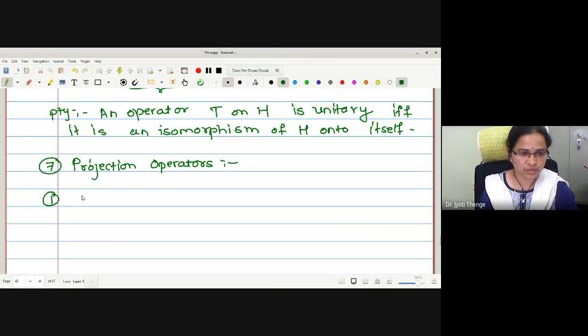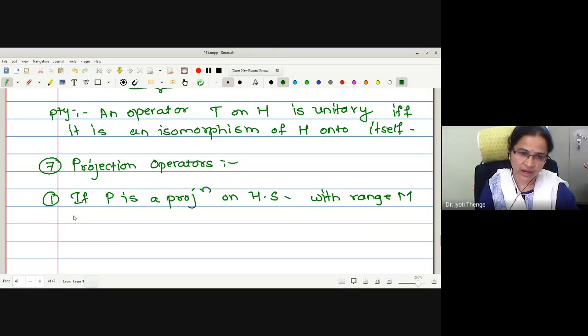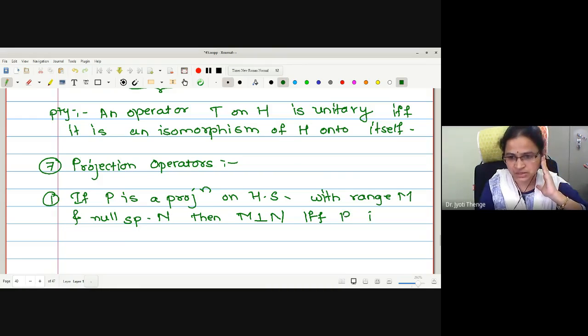I will just mention the properties. If P is the projection on a Hilbert space H with range M and null space N, then M is orthogonal to N if and only if P is self-adjoint.